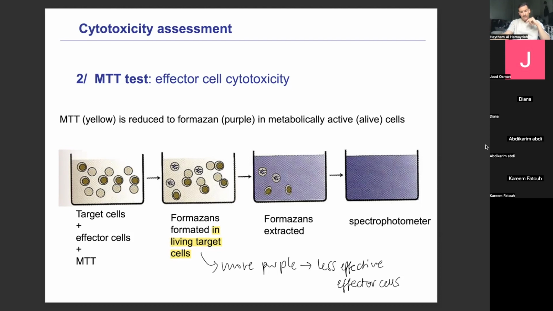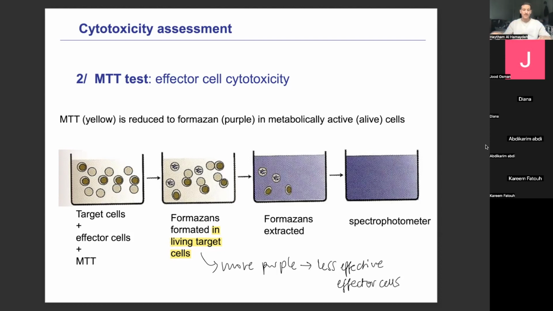But if it didn't activate and the bacteria is active, it will reduce MTT to make formazan. So the higher the number you have in the spectrophotometer, the closer to purple wavelength, the more metabolically active the bacteria, the less cytotoxicity, and vice versa.